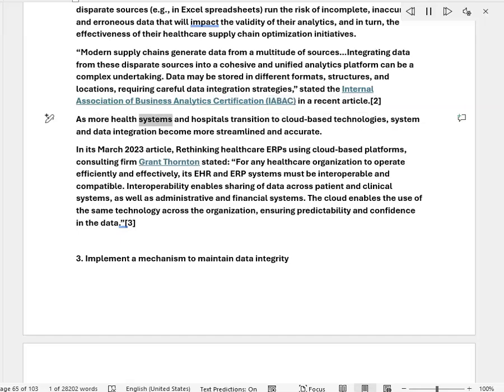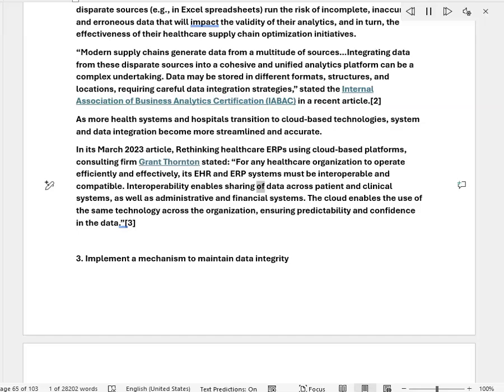As more health systems and hospitals transition to cloud-based technologies, system and data integration become more streamlined and accurate. In its March 2023 article, Rethinking Healthcare ERPs Using Cloud-Based Platforms, consulting firm Grant Thornton stated, "For any healthcare organization to operate efficiently and effectively, its EHR and ERP systems must be interoperable and compatible.